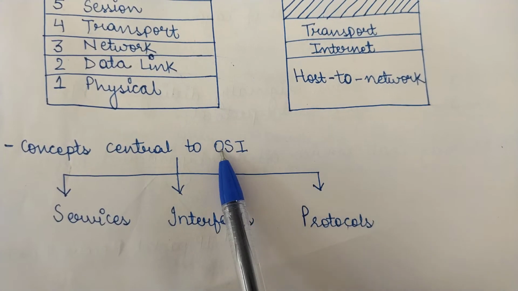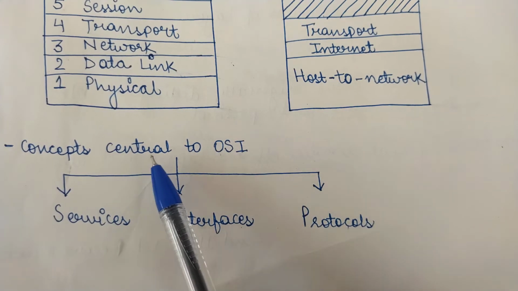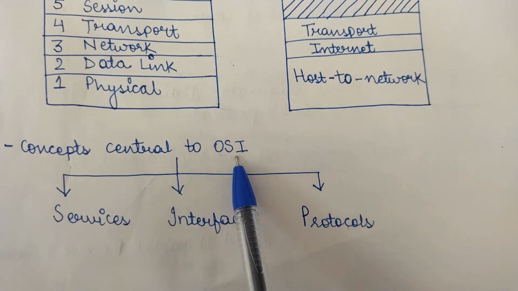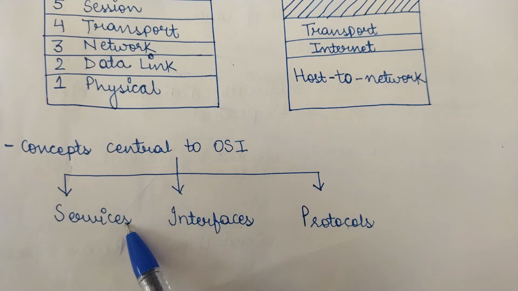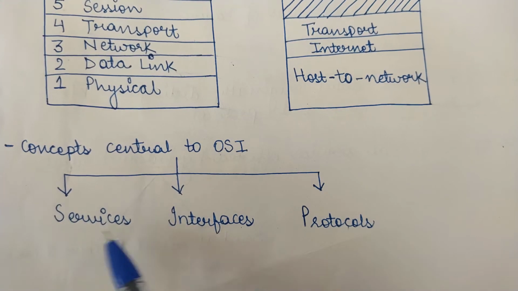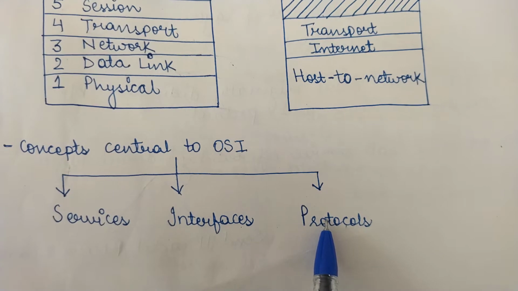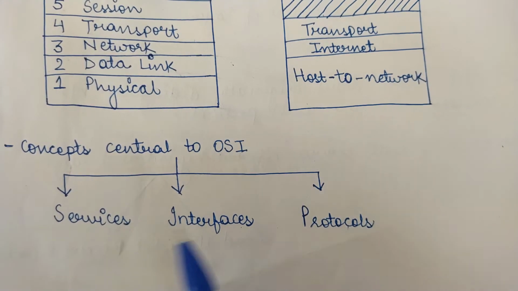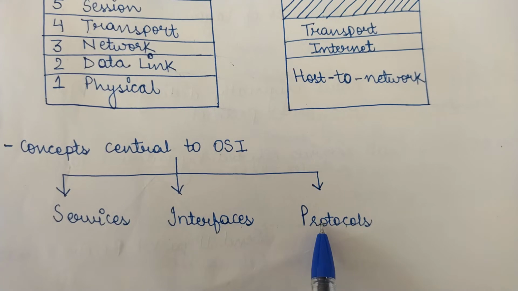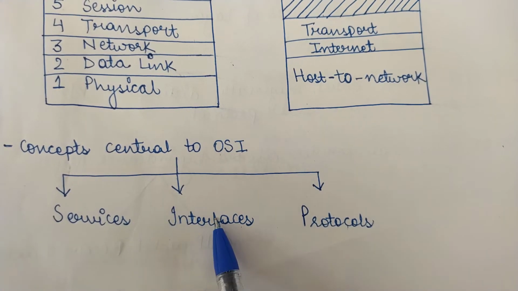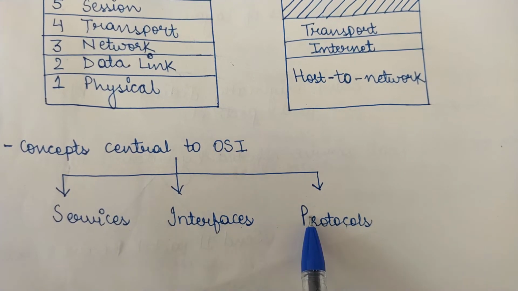If I talk of the OSI reference model, the concepts which are important or central to an OSI reference model are the ability to clearly distinguish between the services, interfaces and protocols. Services, interfaces and protocols are key concepts of an OSI reference model. Also, it has been able to very clearly distinguish between these 3 concepts, right?